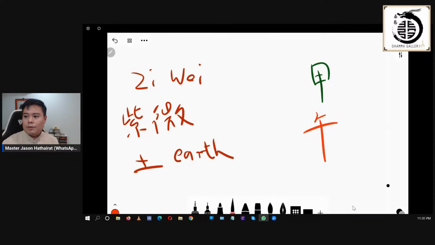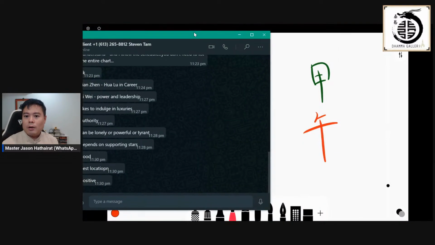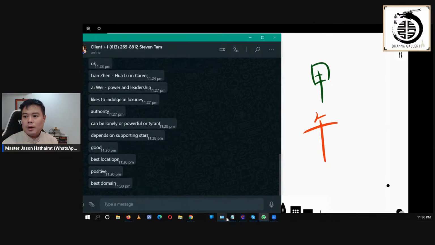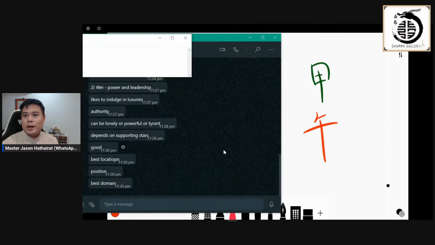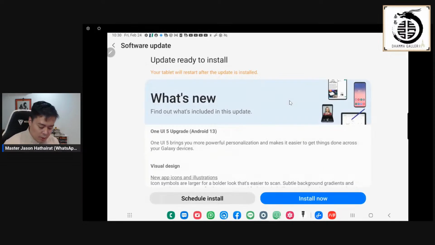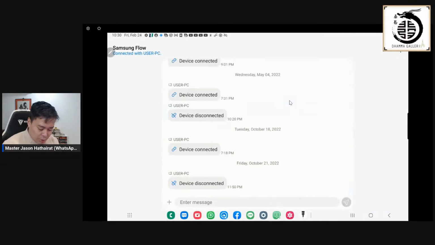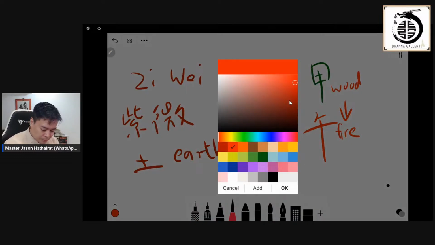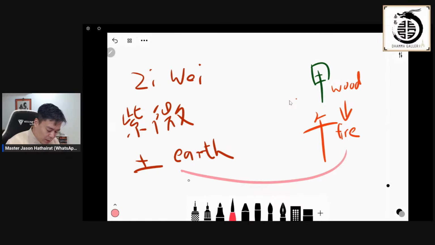Yes, it is actually one of the best locations, and you are very correct. It is one of the best locations because Jiawu is of wood and fire. The energy flow is such that wood is enhancing fire, and subsequently this fire is enhancing the earth.